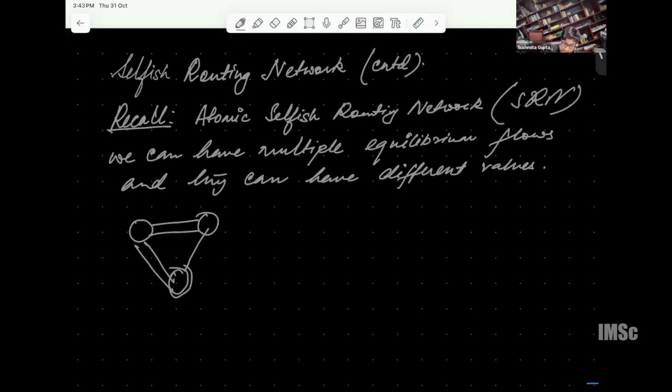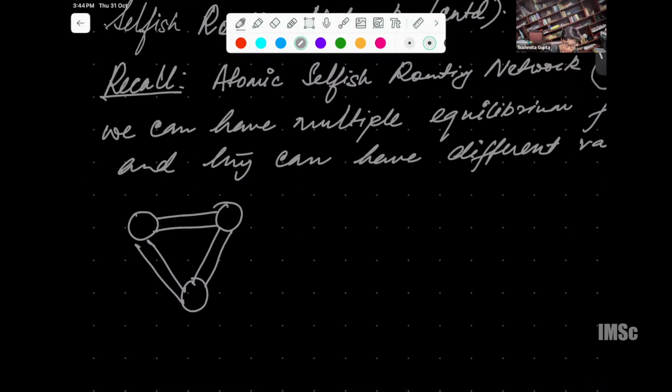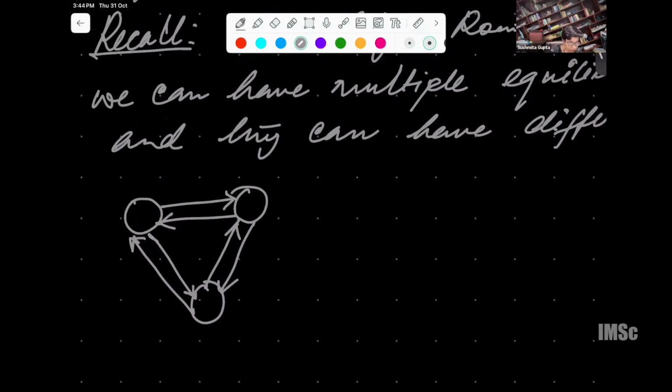Did anybody try? Did anybody work this out? This is a very simple example.